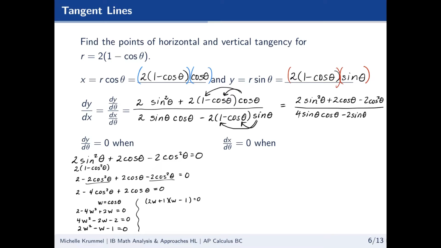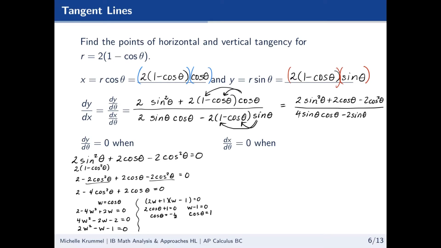So keeping in mind that w equals cosine theta, that means 2 cosine theta plus 1 equals 0, or cosine theta minus 1 equals 0. So cosine theta equals negative 1/2, or cosine theta equals 1. Okay, these are easy unit circle angles.